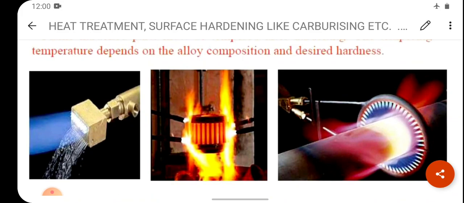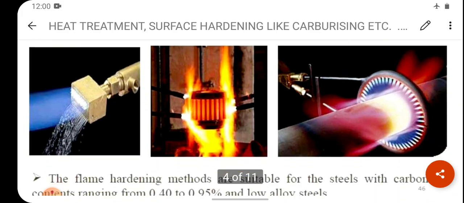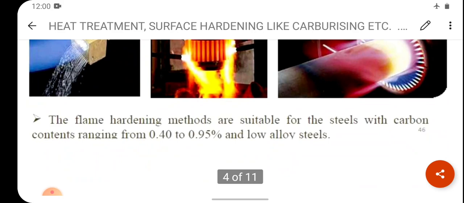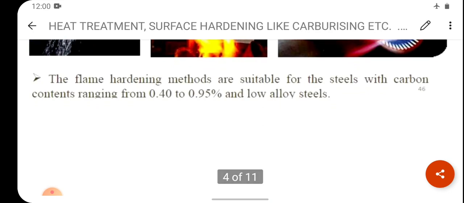Shaft upper layer is heated and after that it will be quenched as per the alloy composition and as per the desired hardness. So the flame hardening methods are suitable for the steels with carbon contents ranging from 0.40 to 0.95% and low alloy steel. तो flame hardening किसके लिए यूज़ होगा? You can read here.